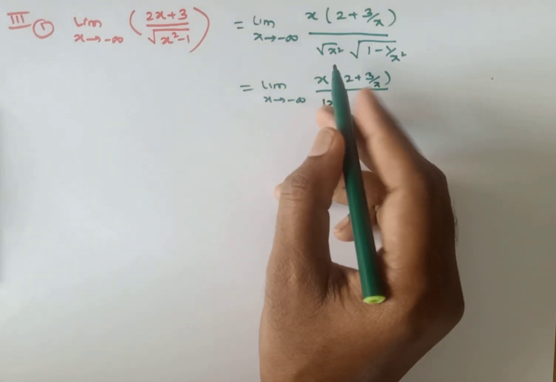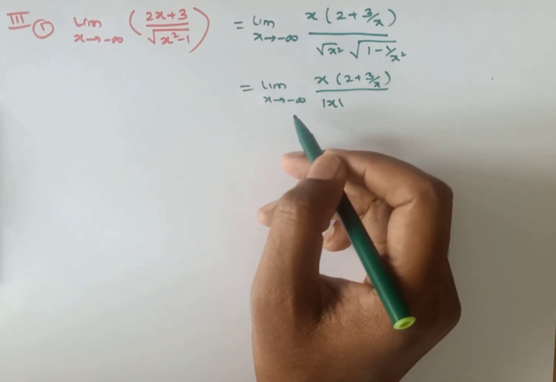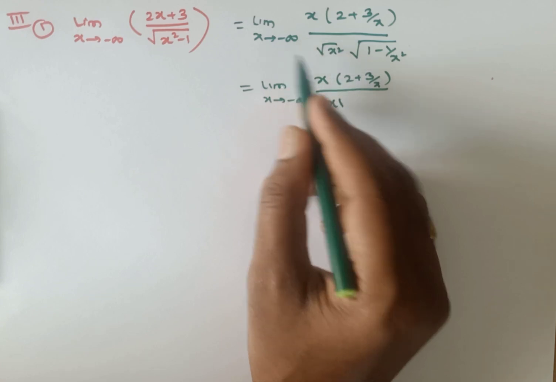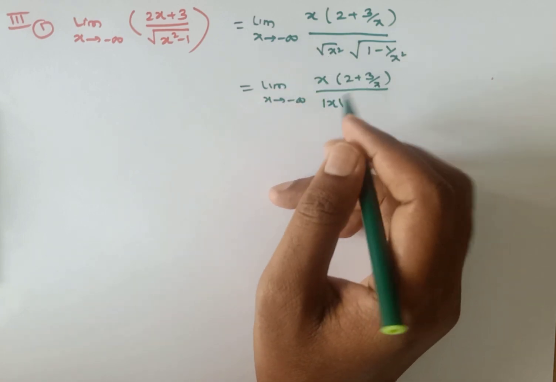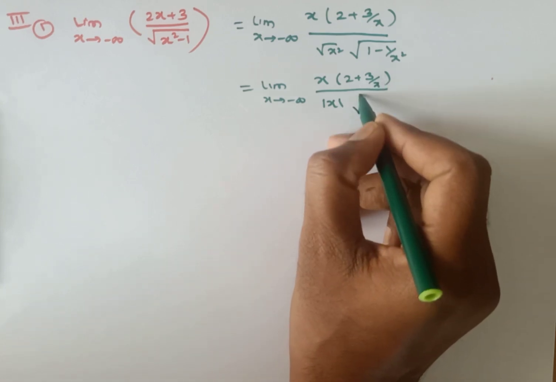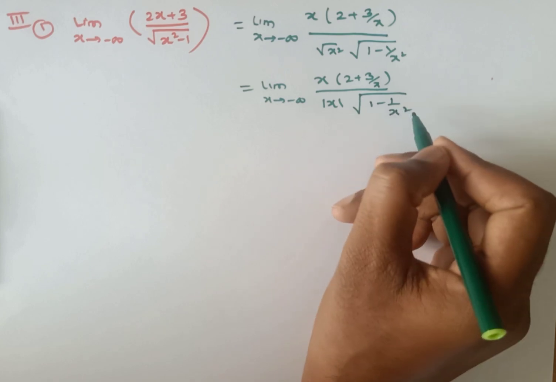So we cannot express it directly as x. The value of x is on the negative side. If x goes to plus infinity, you can directly write root x square as mod x, or simply x, no problem. But here x values are negative.